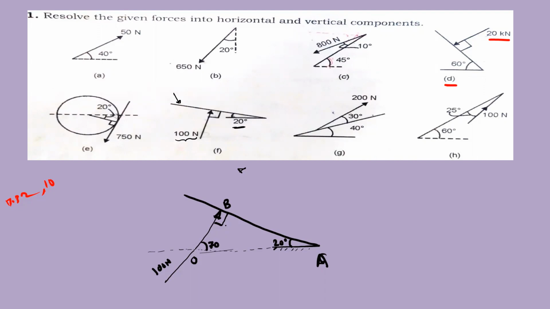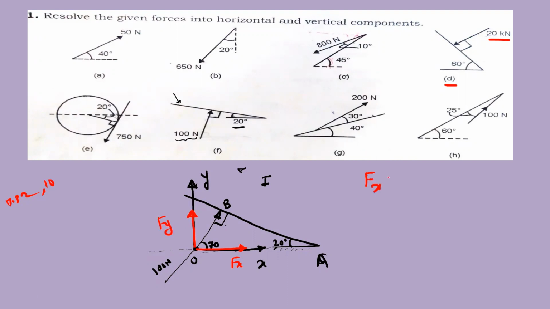Now you can assume this point as the origin. From this point, you can draw the x-axis and the y-axis. The given force lies in the first quadrant. Now you can resolve. Draw the x component, and this is the y component.